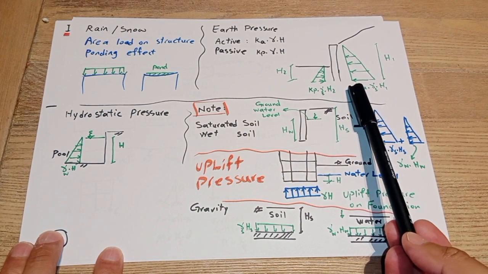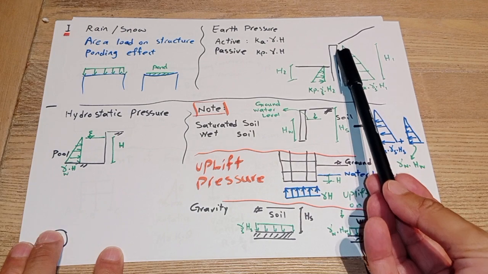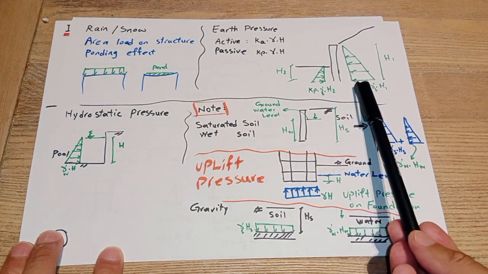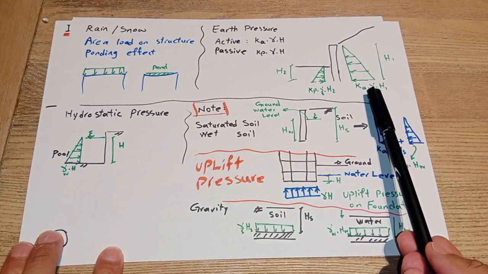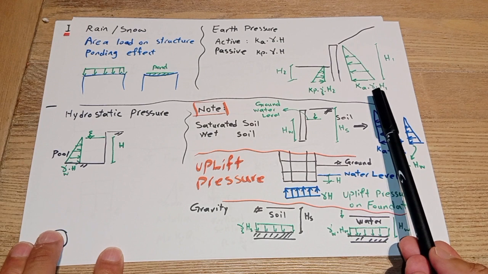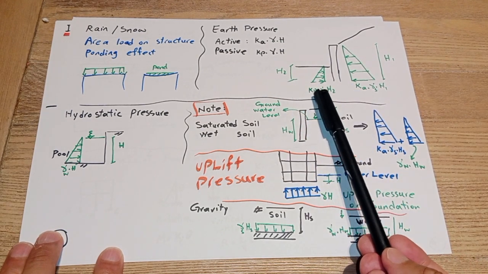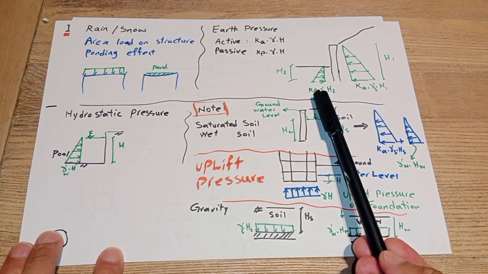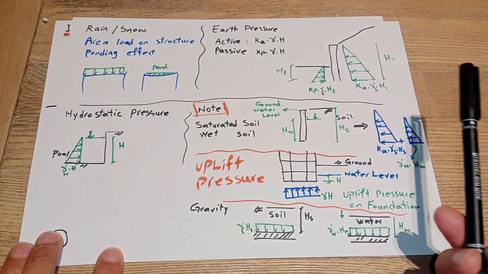It is a function of the density of the soil and also the height of the soil, and pressure at each level is Ka times gamma soil, density, times H, and on the other side passive is Kp times gamma soil times H2, or depth of the passive soil.